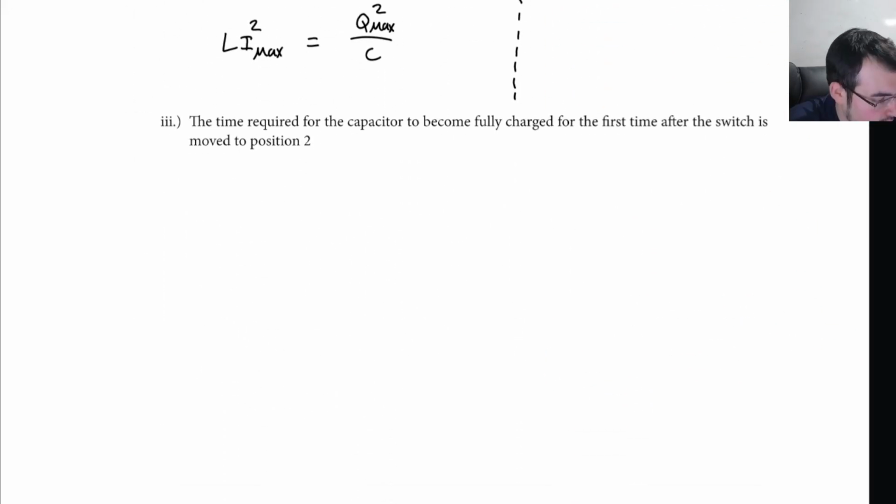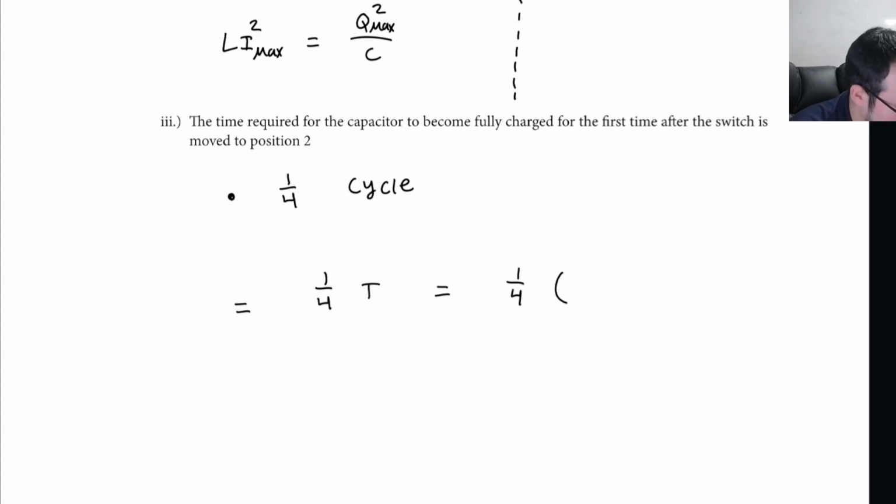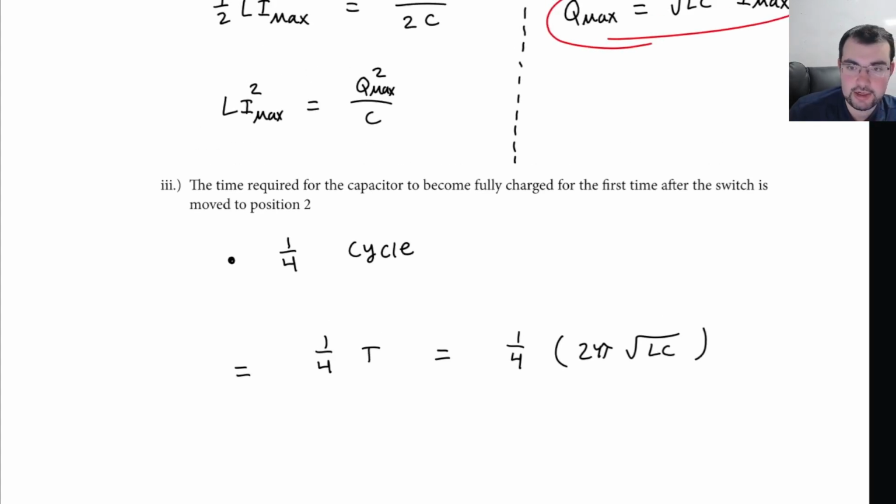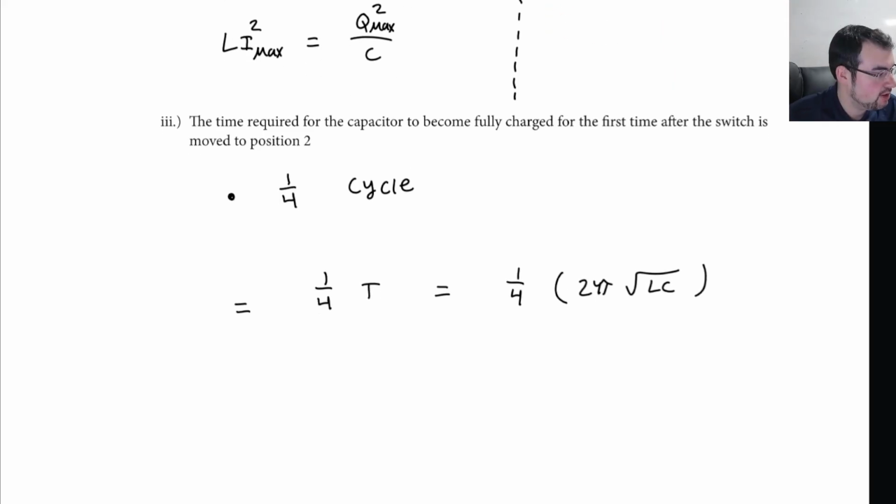So we can do that. So the time we want is 1/4 of a cycle. So this is going to be equal to 1/4 of T, which is equal to 1/4 of the square root of LC times 2 pi. We derived this earlier, so I didn't rederive it. But if you want to remember how to do that, remember the period.